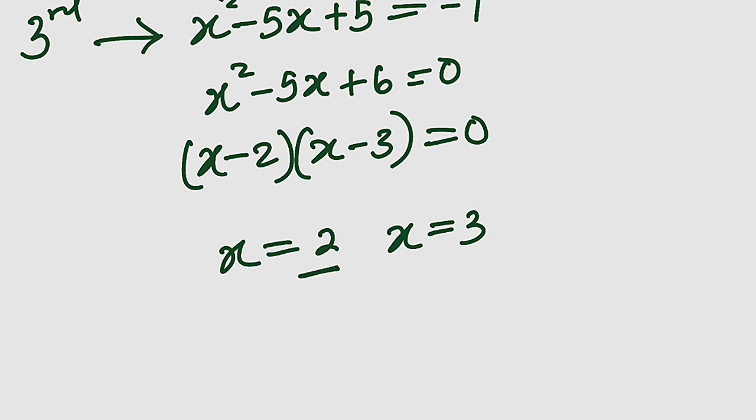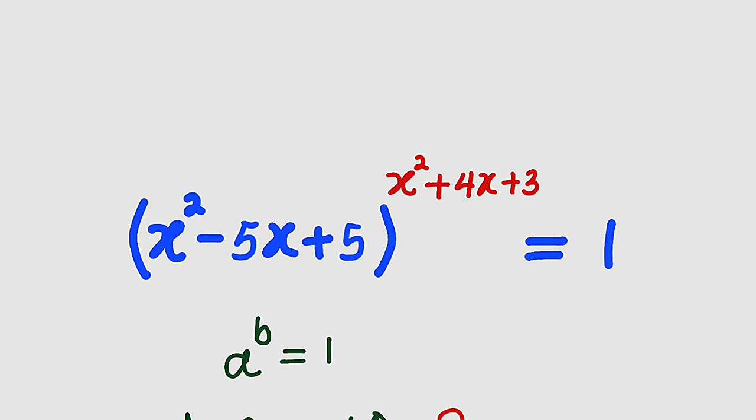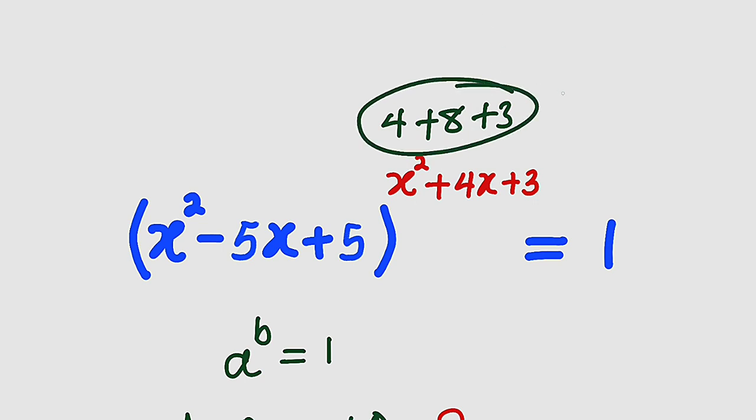Let's start with +2. If x is +2, we have 2 squared, 4, plus 4 times 2 is 8. Then we have +3. If you add these two together, you have 12, and 12 plus 3 is 15, and 15 is what? Odd number. And negative 1 raised to the power of an odd number will still give us negative 1, which is not positive 1. And hence we are going to discard that solution.